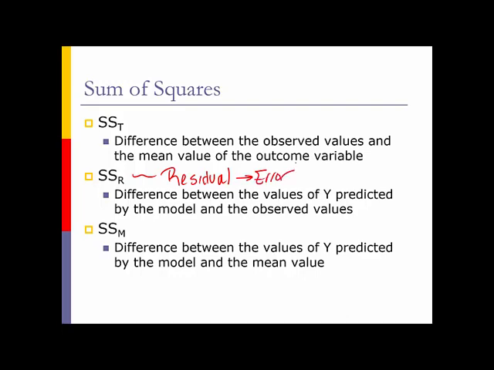So what's the difference between the observed values and the predicted? That is the error in the model. And then the SSM is simply between the predicted by the model and the mean value. So that is the adequacy of the model itself.